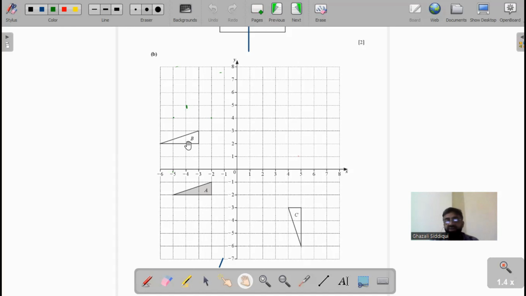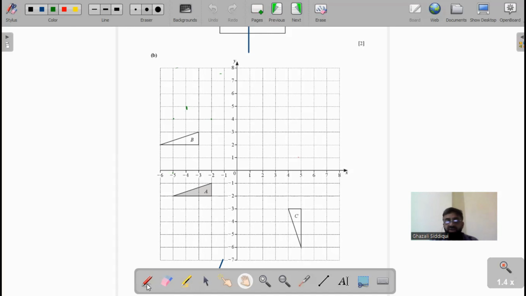Now to find the translation vector, we take any point in triangle A. That point is minus 5, 2. Now we name this point A1, and the image of this point is A1 dash.